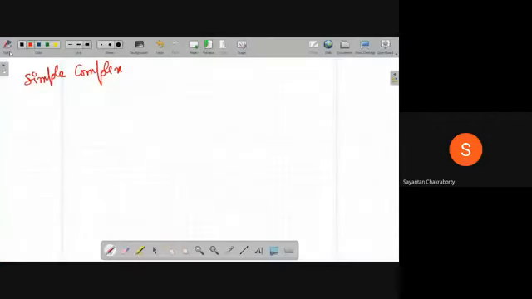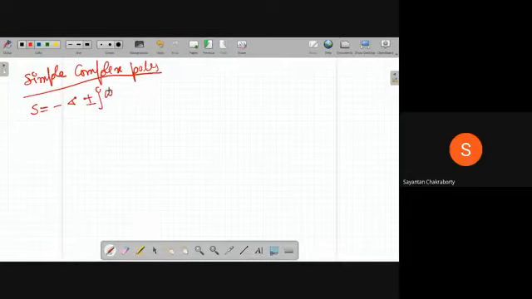So simple complex poles that we should consider, and that means the poles are given in the form s equal to minus sigma plus or minus j omega.